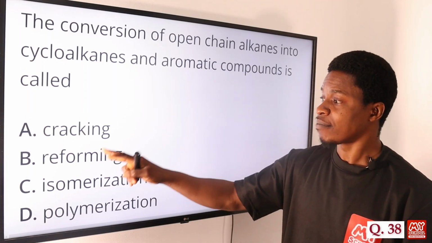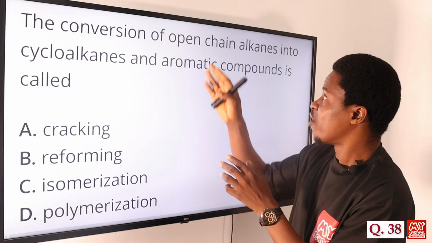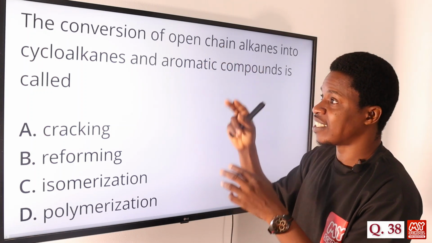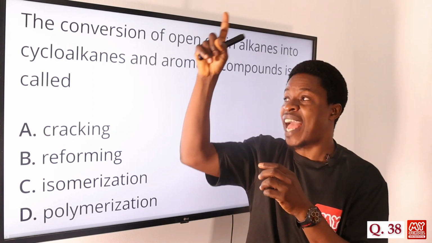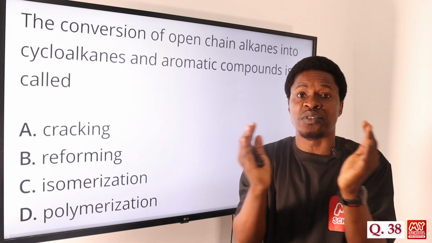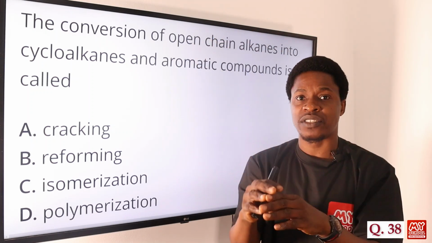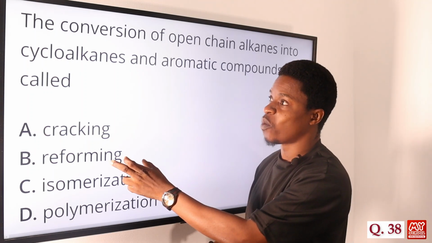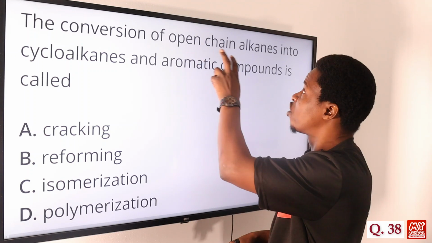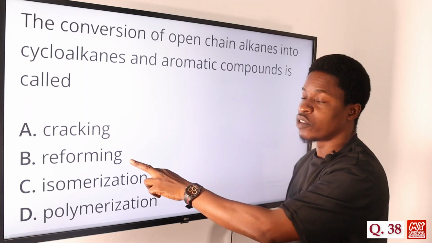So reforming can be said to be the conversion of the open chain alkanes, the longer chain, into a cyclic alkane, into aromatic compounds. So that is what reforming is. So which means that the conversion of these open chain alkanes into cycloalkanes and aromatic compounds is called reforming.